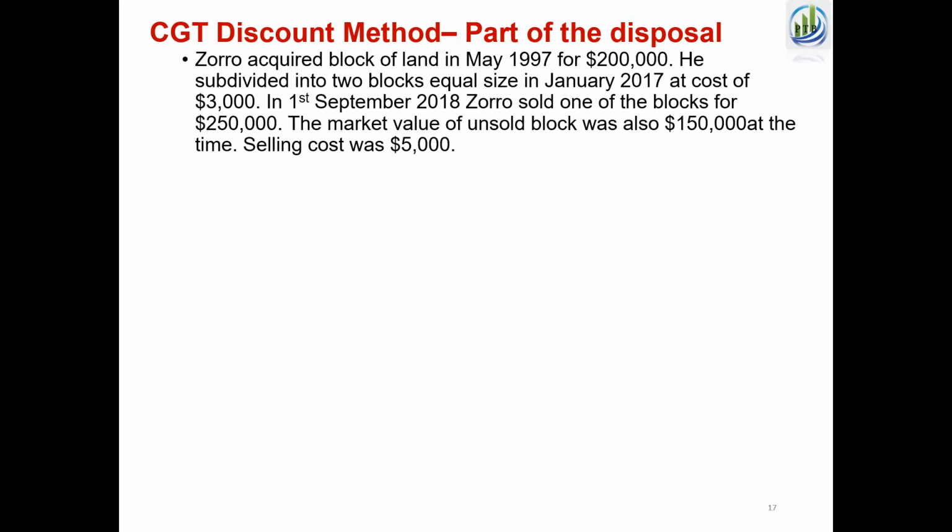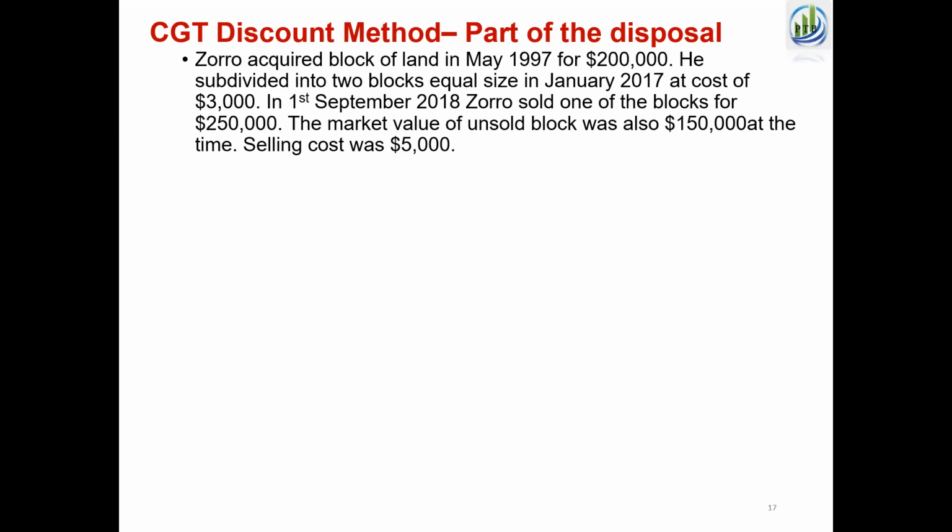The other block he has not sold, but its market value is 150,000. There are different reasons, right? Even though equal size, maybe it is a corner block, or maybe it is not the right size, or the streets and so on. For different reasons the price will be different, not only because of equal size, right?